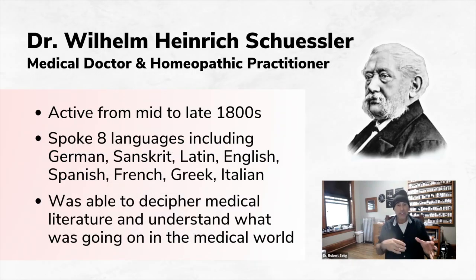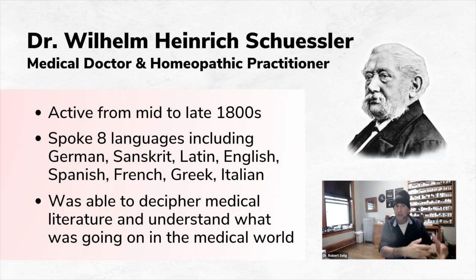And so this is the genius of Dr. Schuster. Now, when I say genius, I don't use that term lightly. This man was intelligent, so he was on the scene around the mid 1800s, late 1800s. And he could speak 8 different languages. He was from Germany, so German is his native tongue, but he had a deep understanding of Sanskrit, Latin.